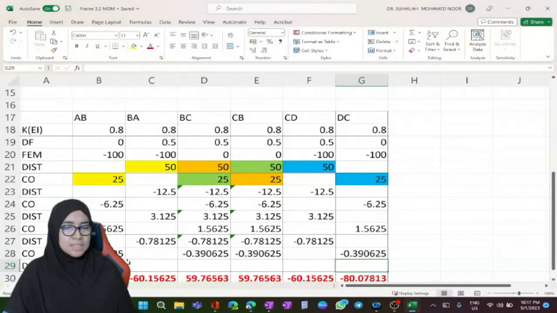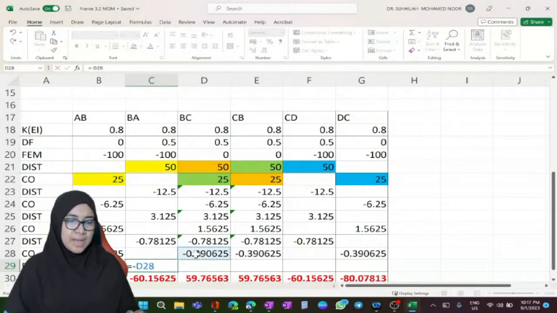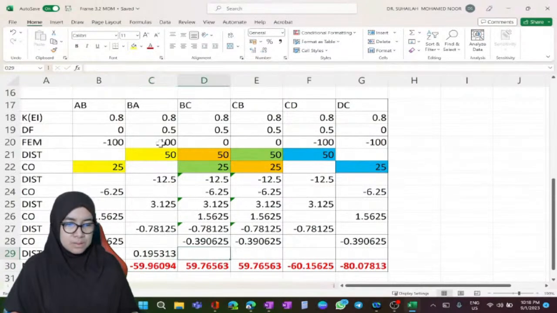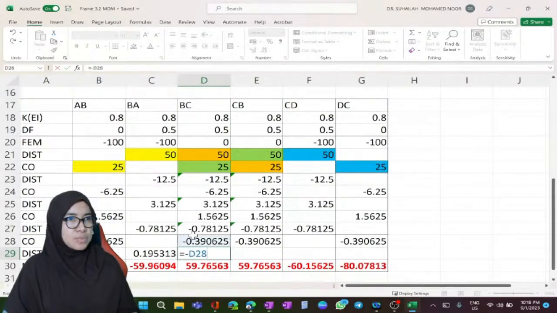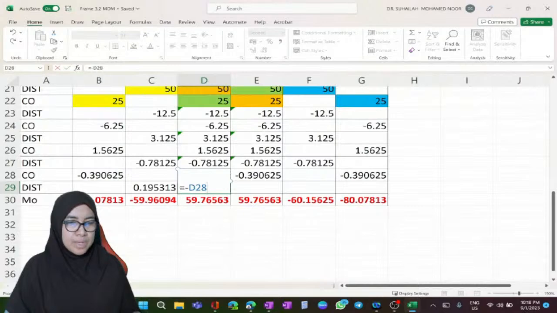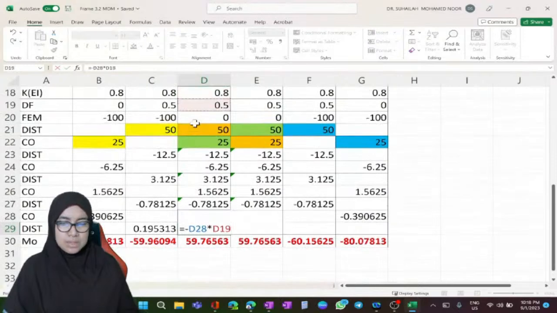Okay, and the last distribution, 0.39 times with 0.5. Okay, 0.39 times with 0.5.